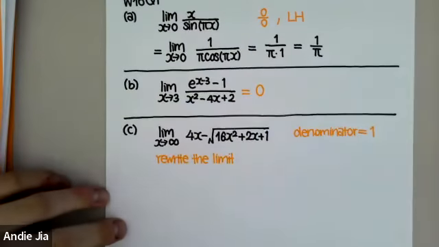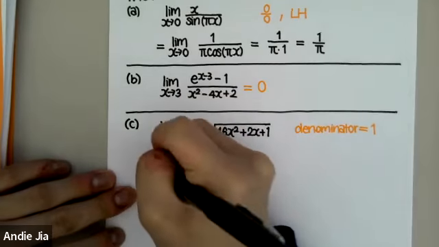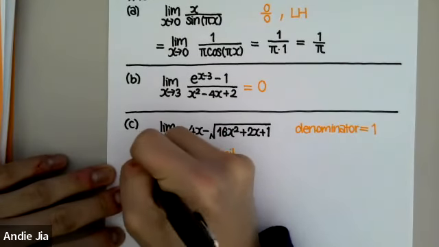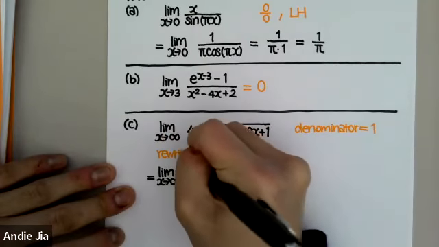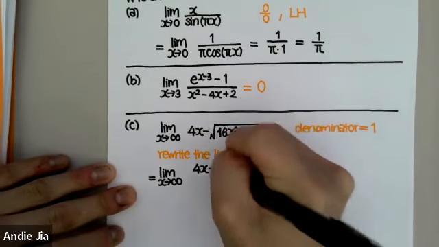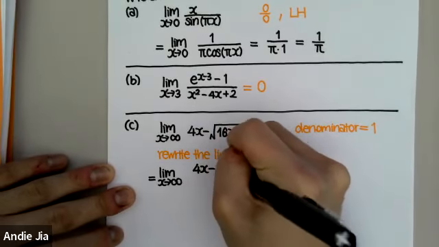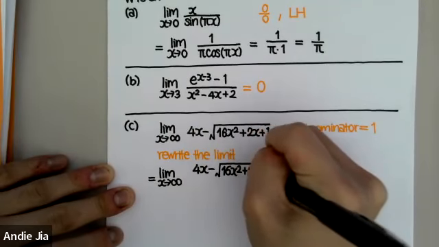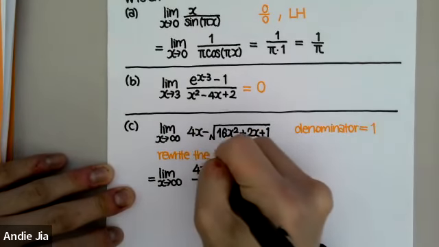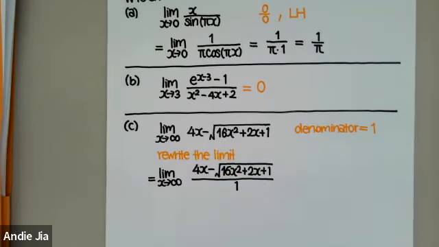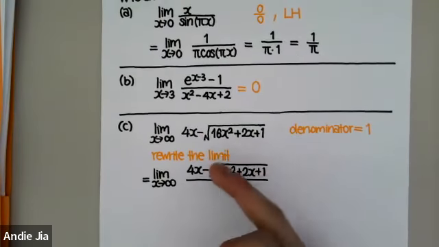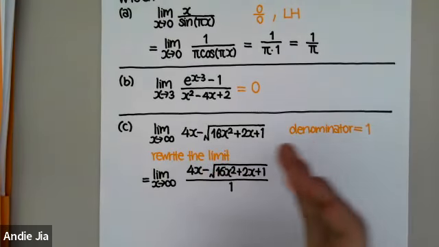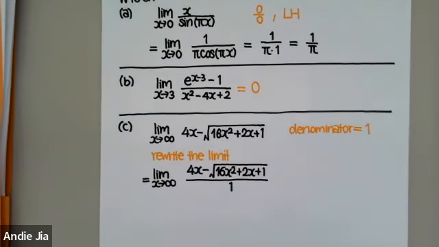And then conjugate, since there's a radical. Now it's time to conjugate the limit, because you want the numerator to look nicer. Then just conjugate this numerator.